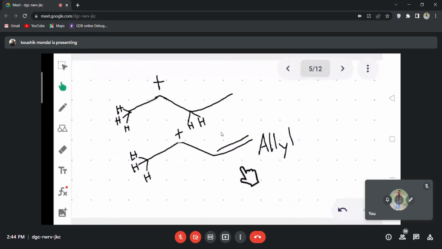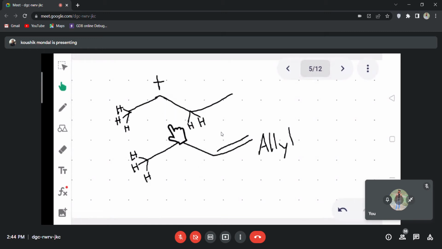For the resonance effect, which type of species are these two? These have a plus charge, so these are carbocations. How many hydrogens are present on this carbon atom?